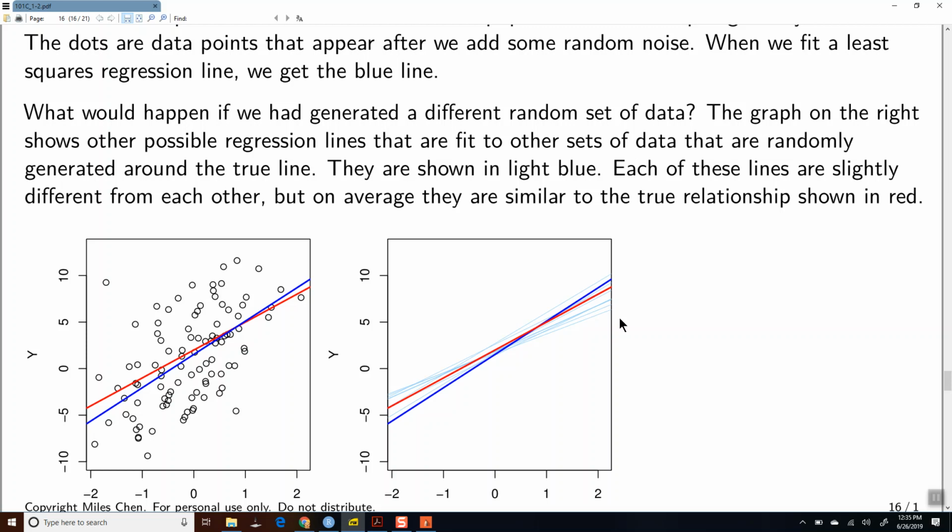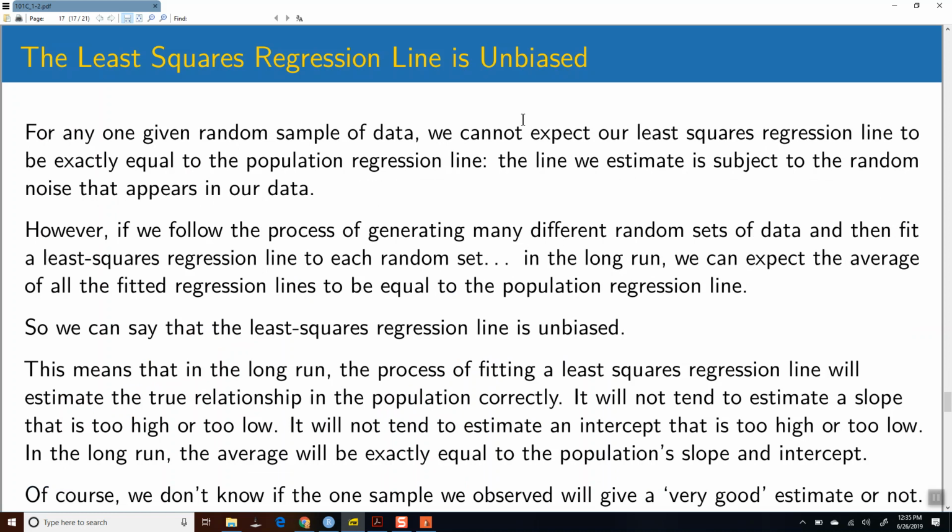But the good thing about all of this is that, in the long run, we can expect all of these different slopes, all of these different intercepts to be centered around the true line. We say that the least squares regression line is unbiased. And to be unbiased means that in the long run, we expect it to be right.